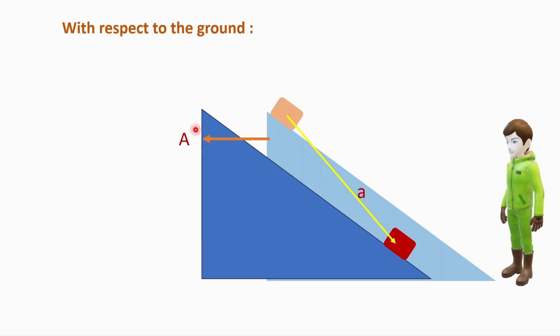Now here we have to find out the accelerations of both the bodies. Means we have to find out the acceleration capital A of this wedge as well as the acceleration small a of this block. This small acceleration is divided into its components. One is ax, other one is ay, and the angle of inclination is theta.